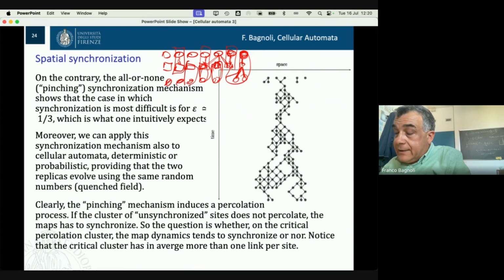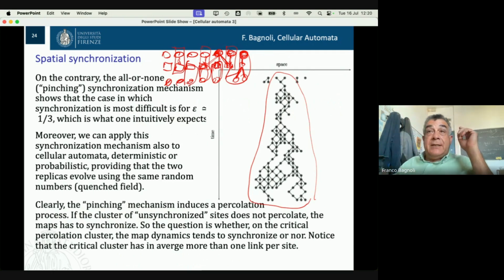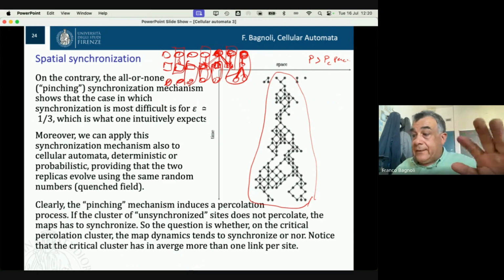So you see that a single defect can only diffuse on the percolation cluster that we have already seen in the previous lessons. Clearly, if P is greater than the critical value for percolation, there is no percolating cluster, and the defect is surely killed.